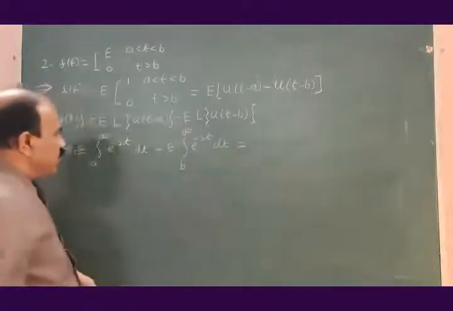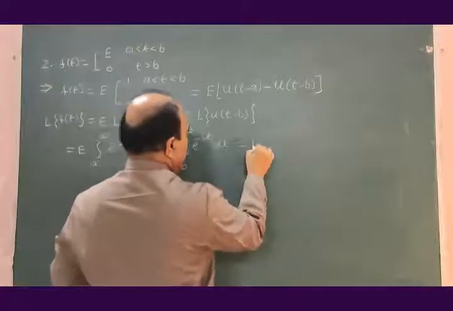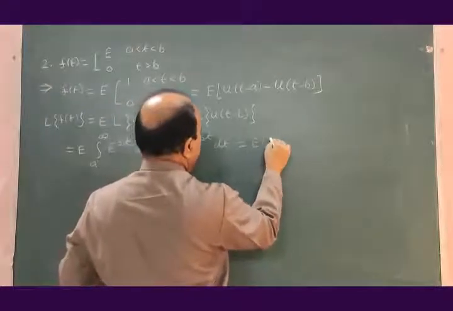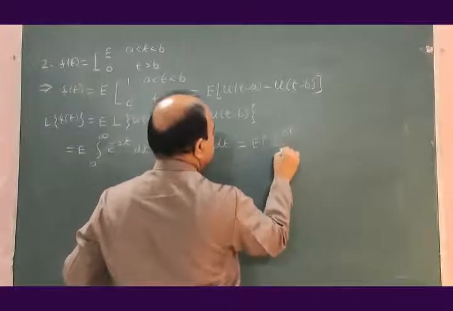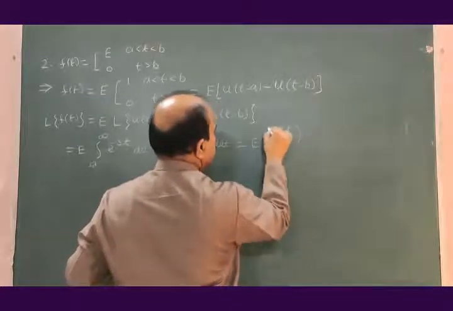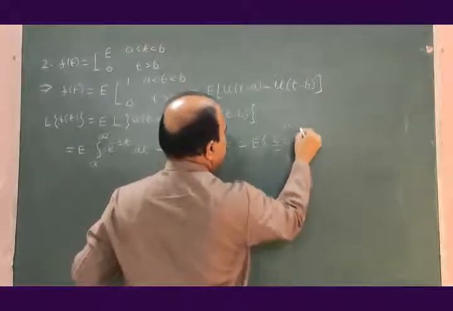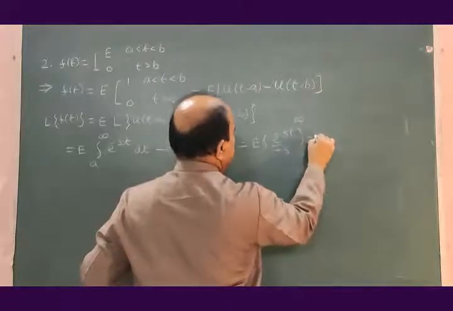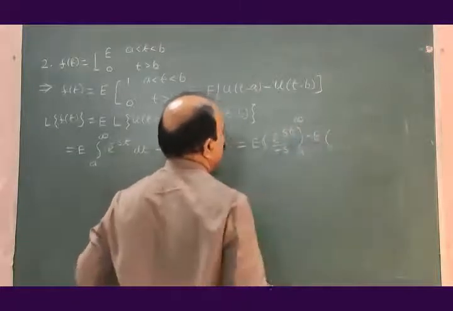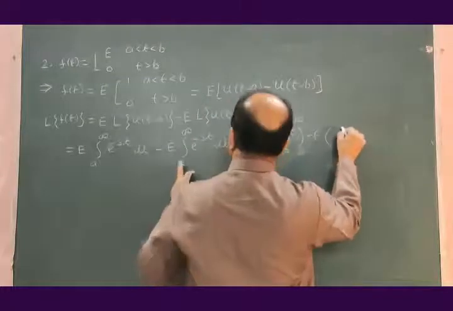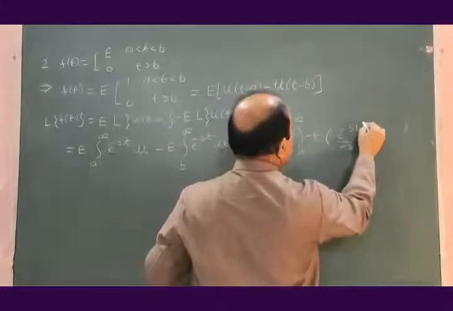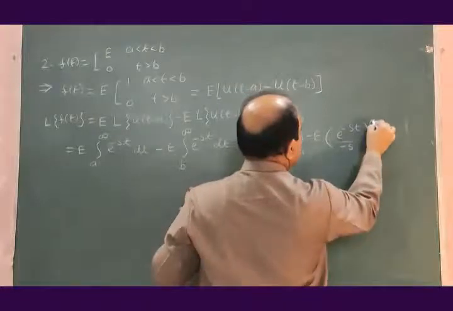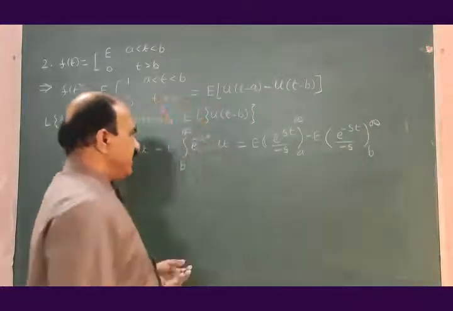This is equal to e into e to the power minus st by minus s with limits a to infinity, minus e into e to the power minus st by minus s with limits b to infinity.